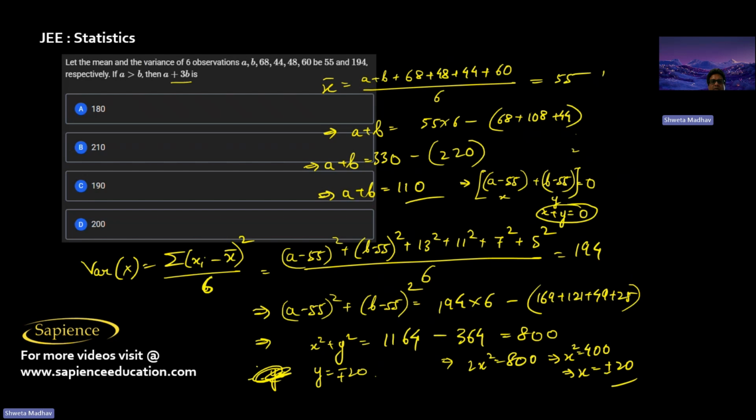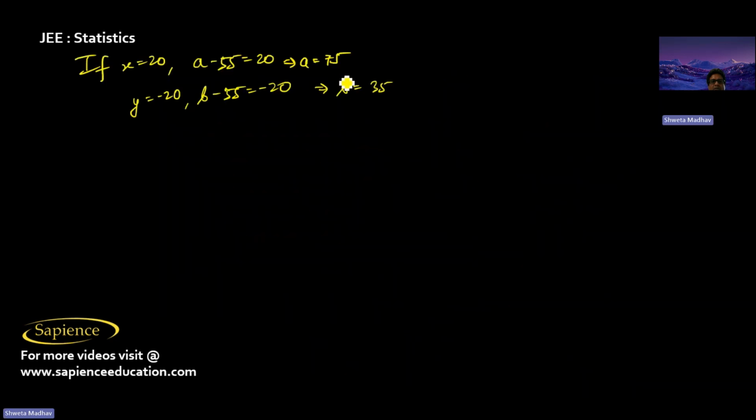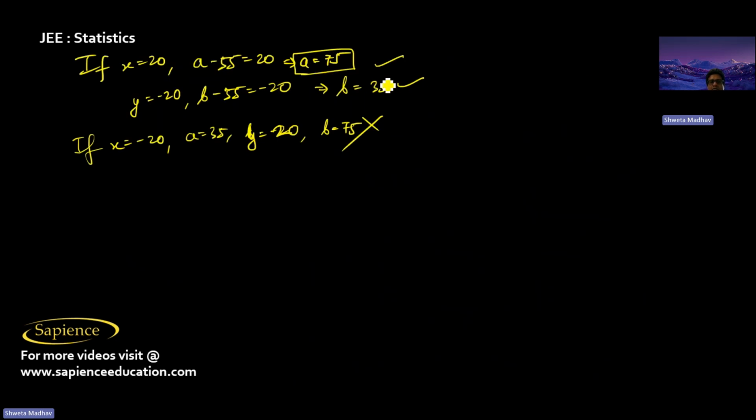This can be used, since a is more than b. But in the second case, if x is minus 20, then a will be 35 and y will be plus 20 and b will become 75, which we can't take since it is told a is more than b. So therefore, a should be 75 and b should be 35.